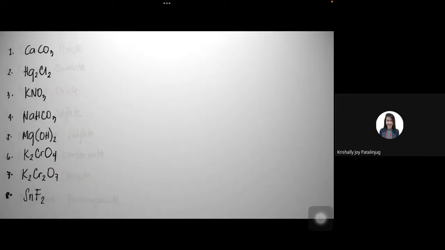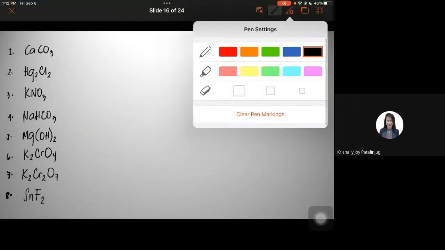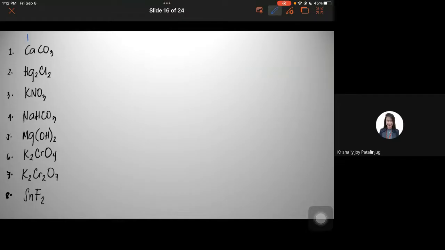I told you that all the first atoms or ions written on the left side, or on the first part of the chemical formula, those are cations. Let me underline them first.